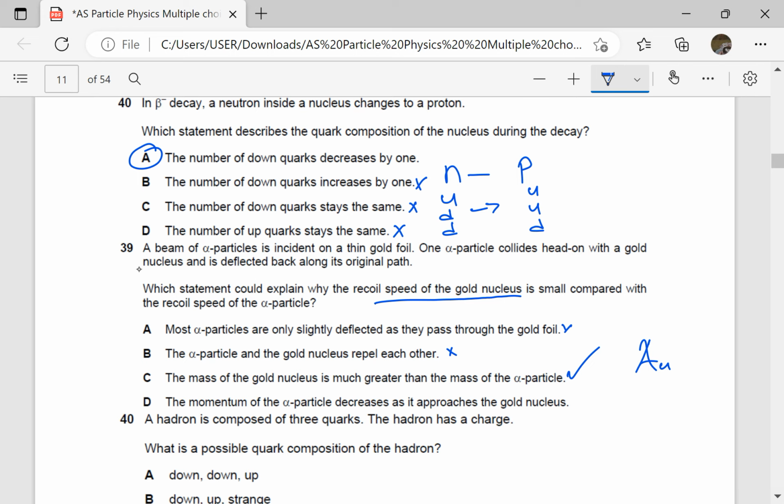If conservation of momentum holds, the gold nucleus will not experience a greater change in speed compared to the alpha particle. The gold nucleus, which has a large mass, will have a smaller recoil speed. The alpha particle, which has a smaller mass, will have a greater recoil speed.